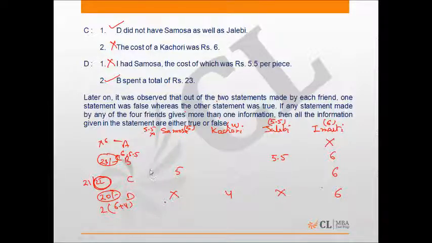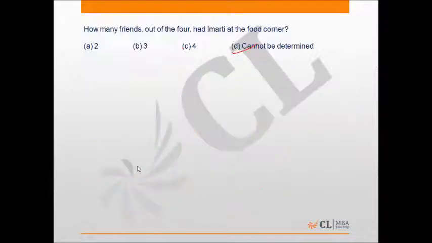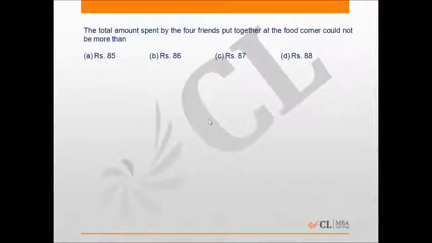And if I make 21 here, I should have 5 and 5.5. So this and this. So 21 is possible, 22, 23 and 20. Hence the summation of these values will be 86, correct option B.